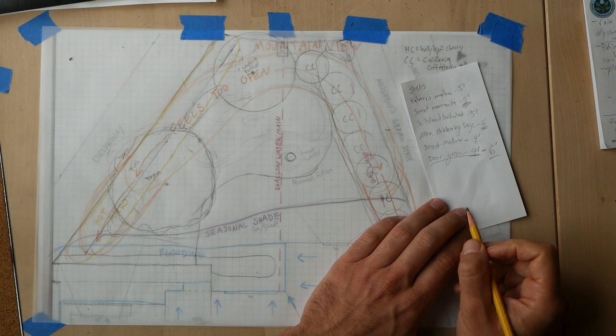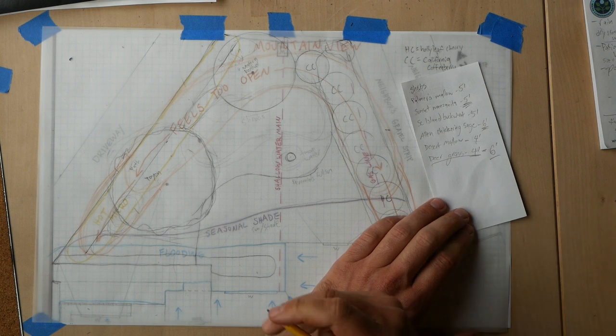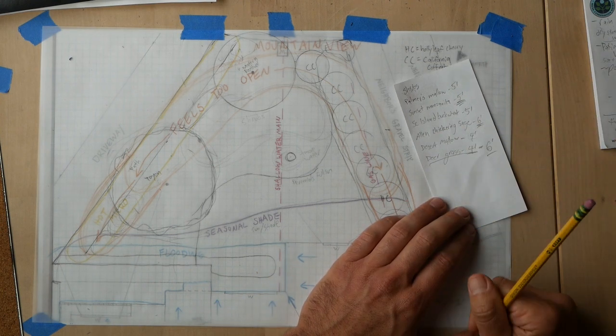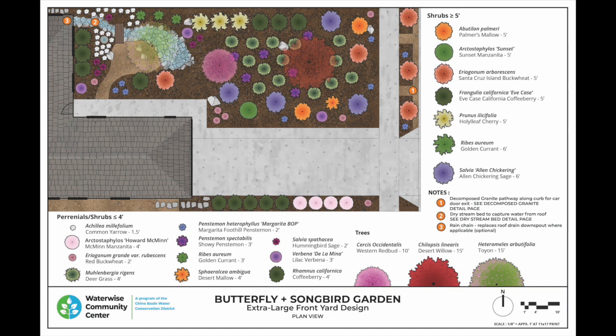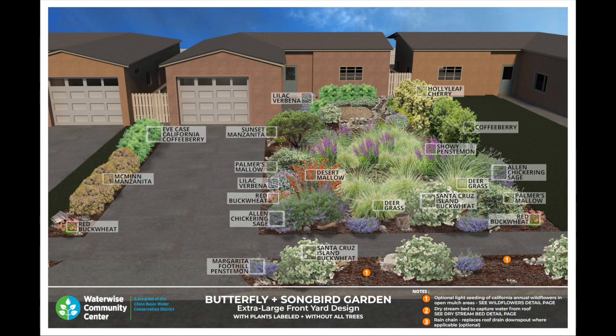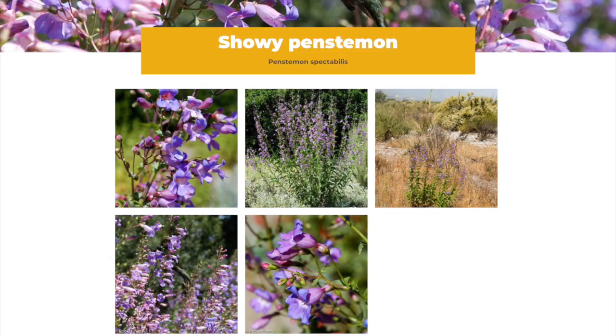And then one of the other things that I love to do, and we're going to emulate it in this design, is if you look in the extra large butterfly and songbird garden, you can see there's an area in the middle that's a bunch of deer grass, and then there is showy penstemon interspersed here and there, leaving just a little bit of an extra gap, and letting the really tall spring flowers of the showy penstemon come up in between the deer grass.